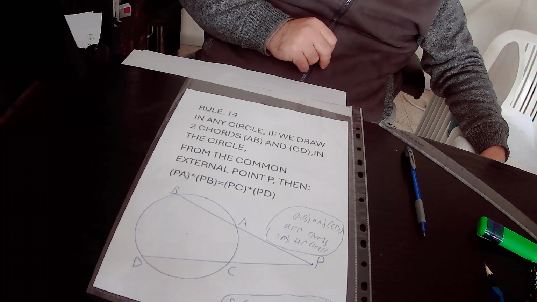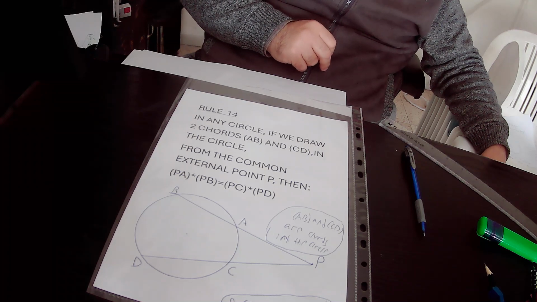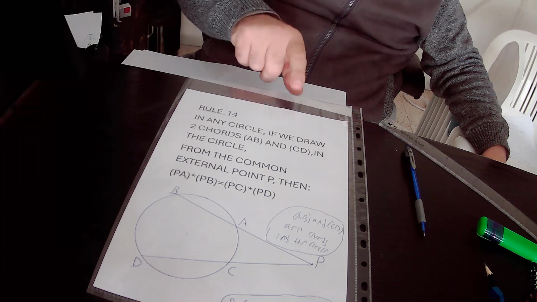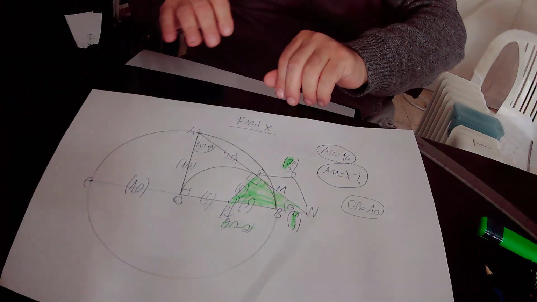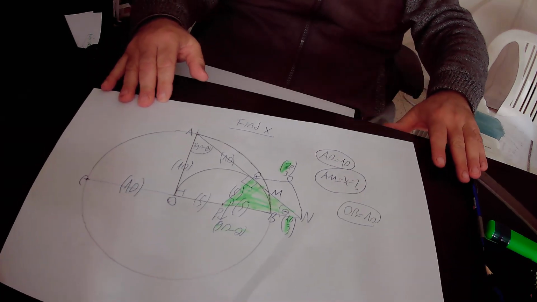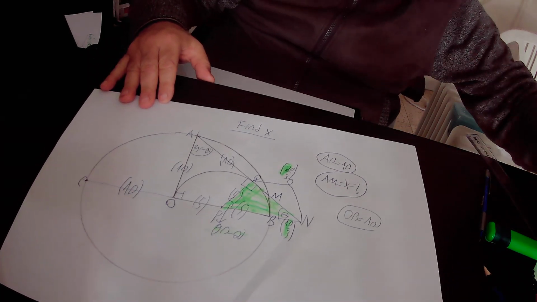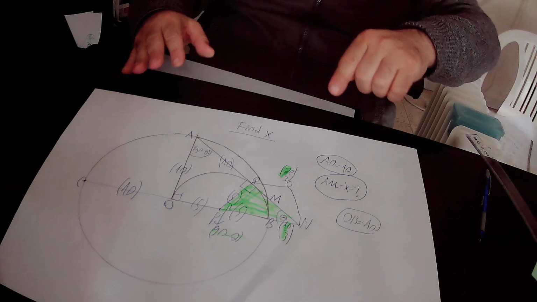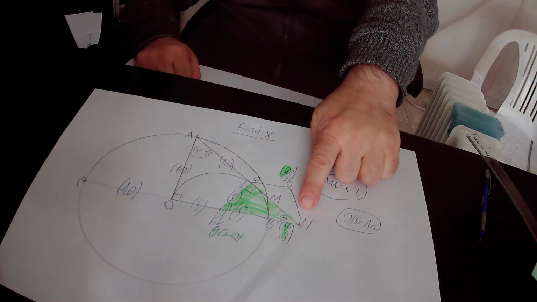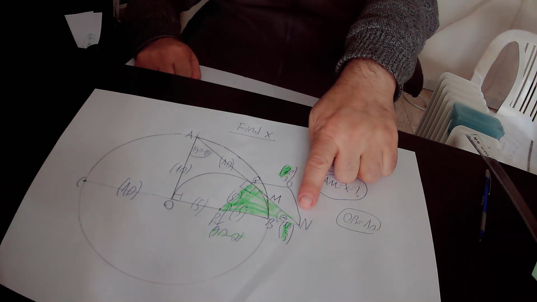We can actually implement rule number 14 in our drawing. Why? Because in our drawing, if we focus on the common external point, point N, from point N we have two chords in the circle.